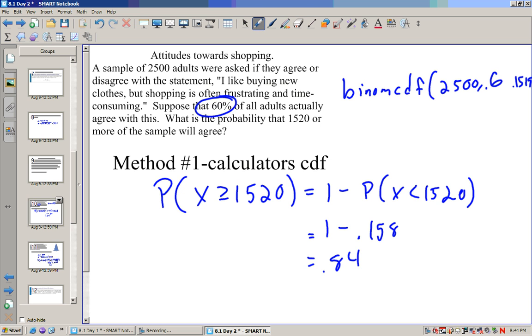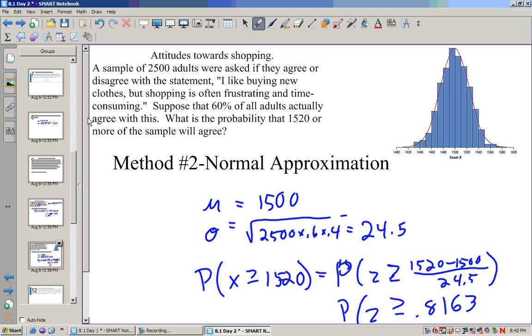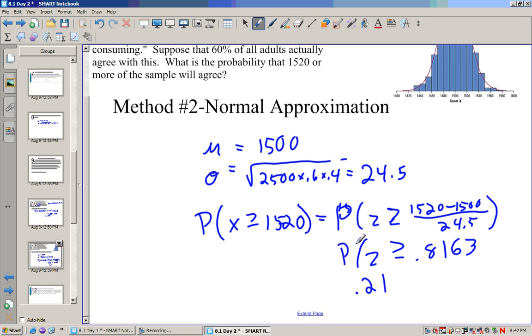So this now is 0.7869, and this is 0.213. And over here we got 0.207.